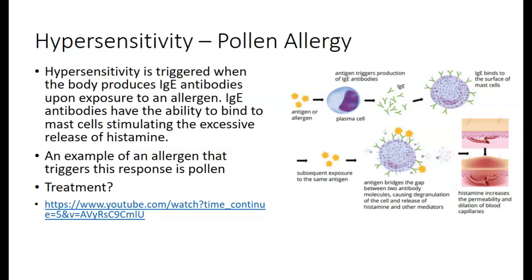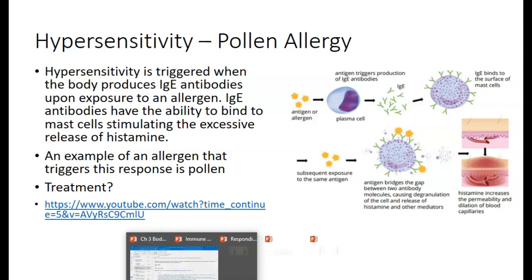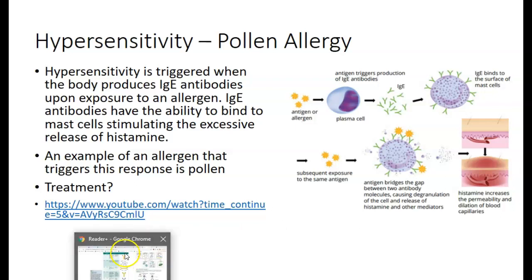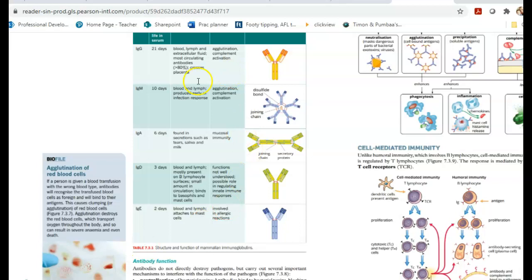So if you can remember, I can go back to our textbook. We've got these classes of antibody and they vary, some of them in their shapes. But their constant region is the same within their class, but there's these 5 varied shapes of antibody.